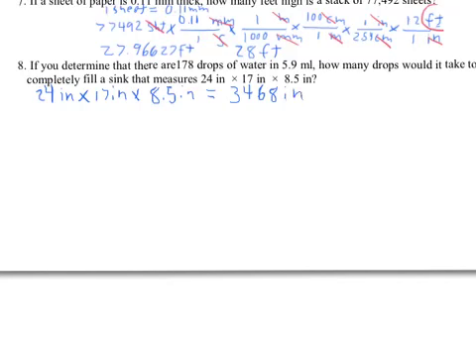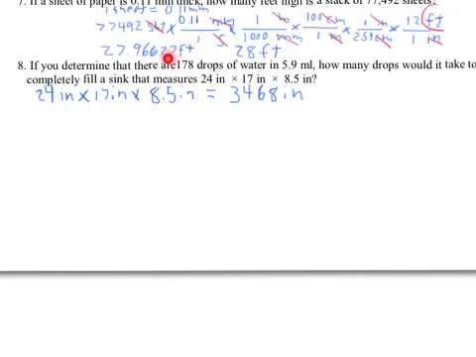Now, you might think, shouldn't we round this to 2 significant figures? The answer is we don't do that until we're all the way done. Otherwise, we end up with what are called rounding artifacts. So I'm going to leave it with 4 significant figures until the very end of the process, and then I'm going to go back and round to 2 significant figures.